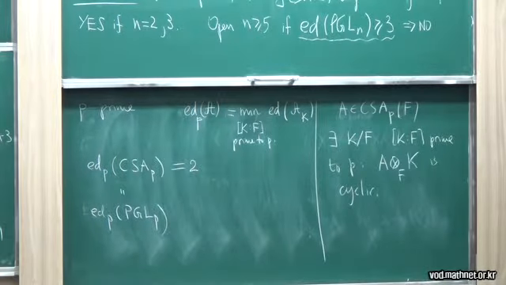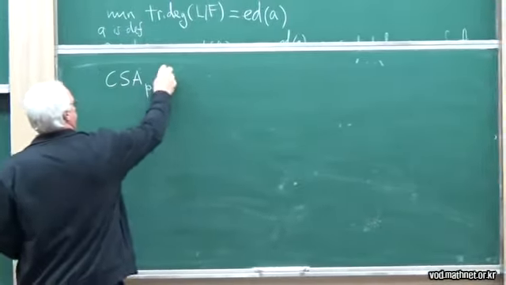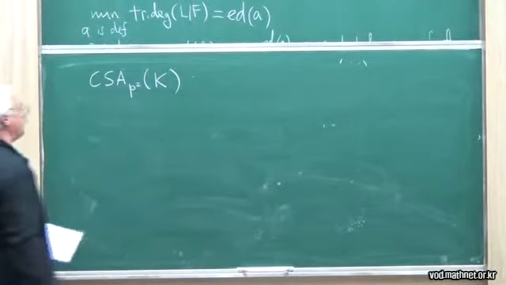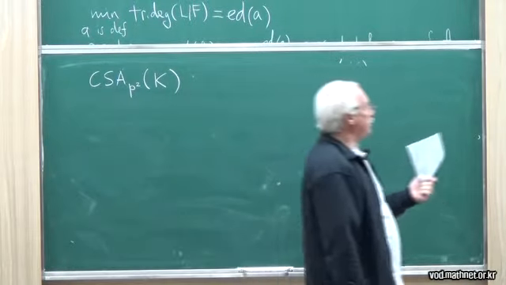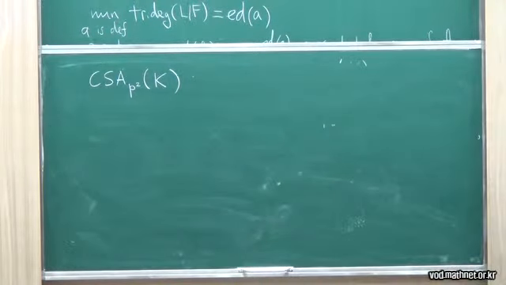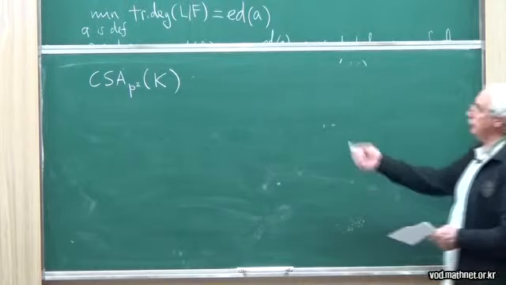What happens for the other degrees? Well, the degree should be a power of a prime if you look at the p dimension. So now you look at the central simple algebras of degree p squared over K. Such algebras of degree p squared contain algebras which can be made from cyclic algebras, the tensor product of cyclic algebras.